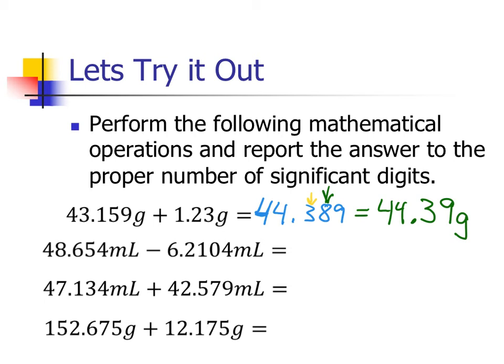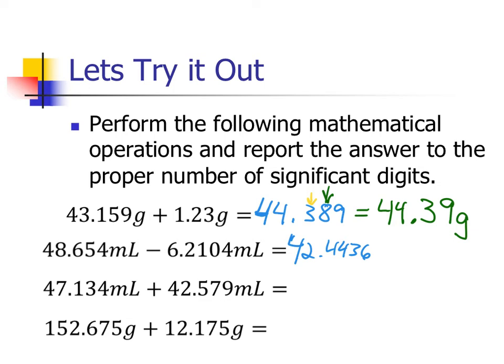So, next one, 48.65 minus 6.210 minus 4. And I get an answer of 42.4436.